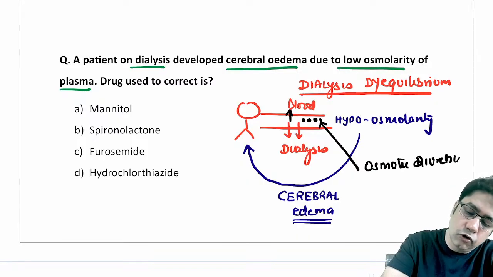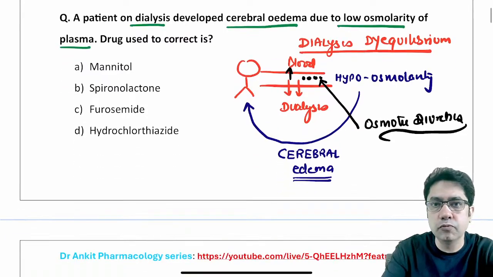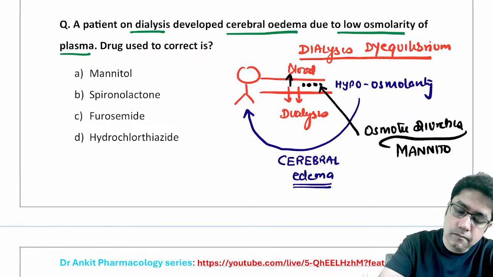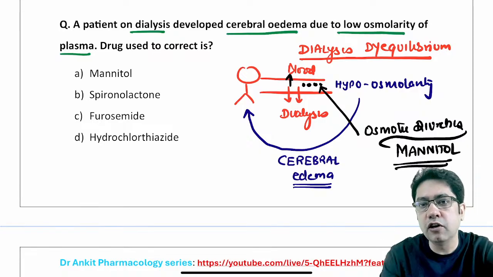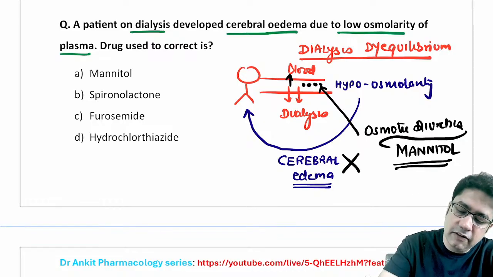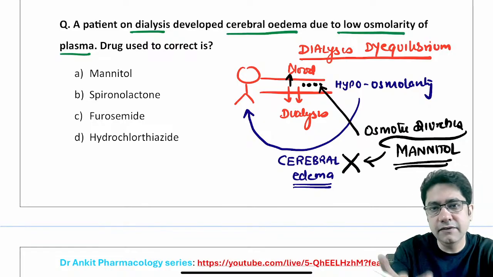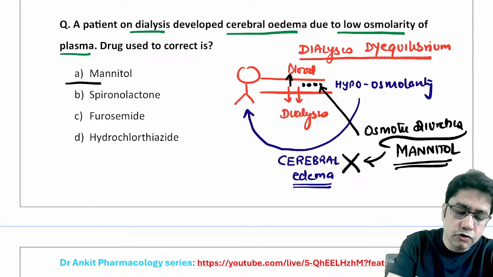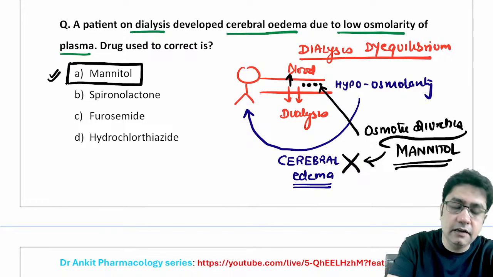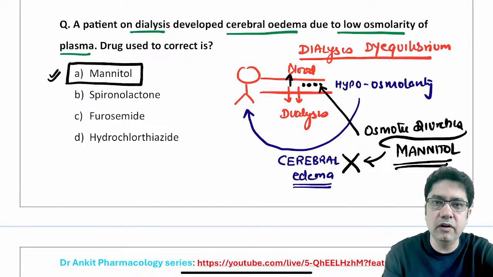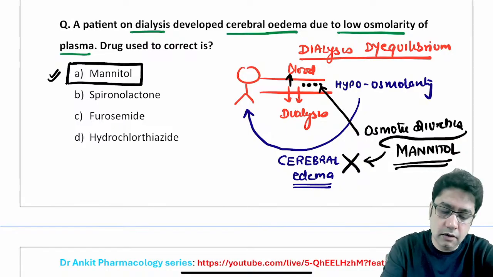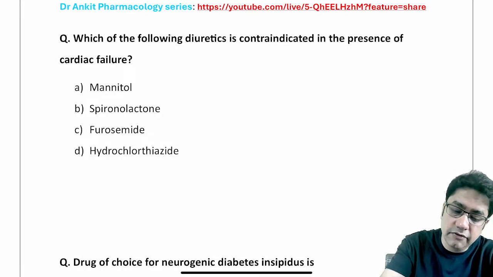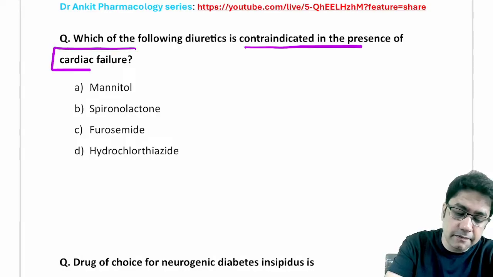They will restore the osmolarity of blood, and that osmotic diuretic is mannitol. That is why it will prevent cerebral edema. It is even the drug of choice for cerebral edema or increased intracranial pressure. This question has been asked 2-3 times recently in your exam. Dialysis disequilibrium, give mannitol.